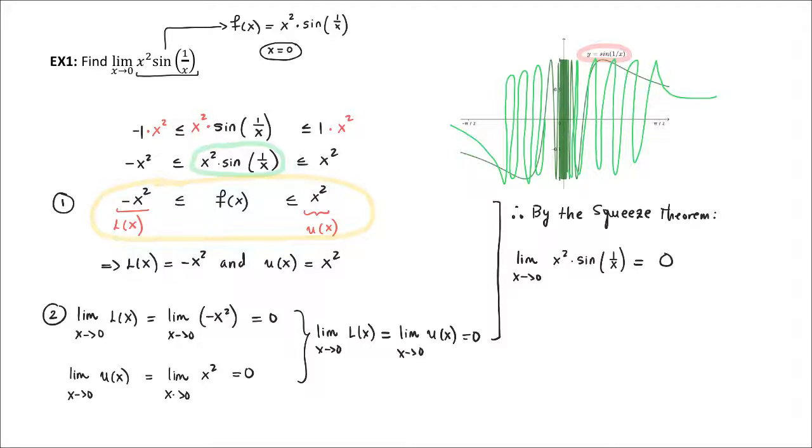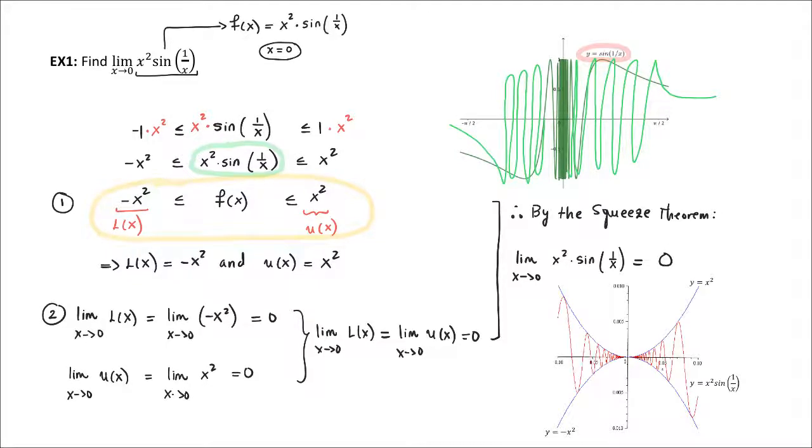What I want to do now is to show you a photo of our function f of x so that you really see how indeed it actually has a limit at 0. Here we have the sketch of f of x. F of x is really the graph in red in the middle right here.